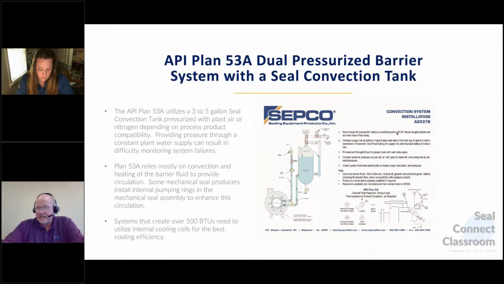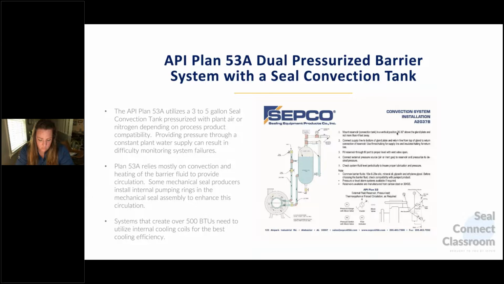If you have over 300 BTUs generated, you have to use cooling coils in the tank and cool the fluid you have in the tank to get it to circulate properly. Because what can happen is the BTUs can accumulate in the tank, and you get the tank up to its maximum BTU capacity, and the thing will cease to circulate.